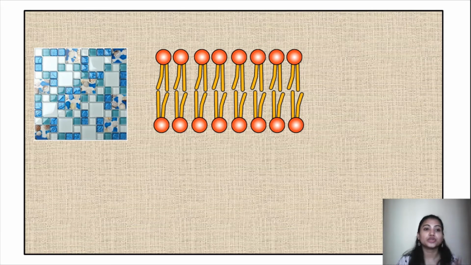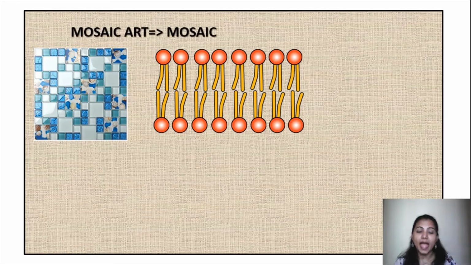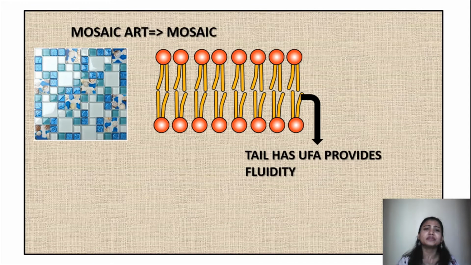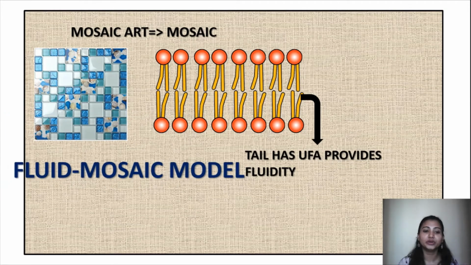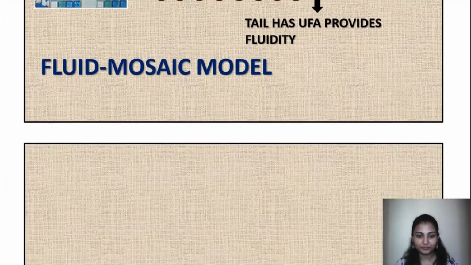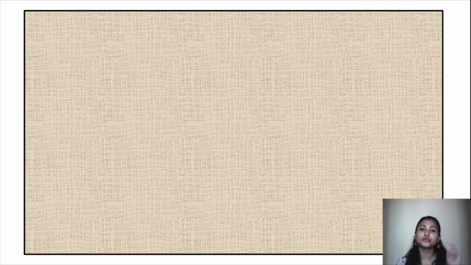So this is the mosaic art, and we saw that the tail is hydrophobic in nature, and they get fluidity through the presence of unsaturated fatty acids. So the whole model, which was given by Singer and Nicholson, is called the fluid mosaic model.